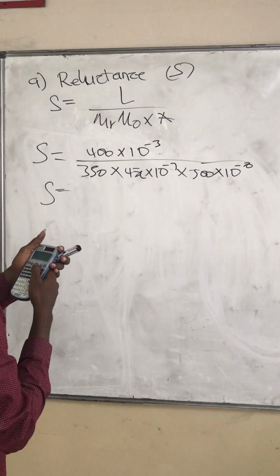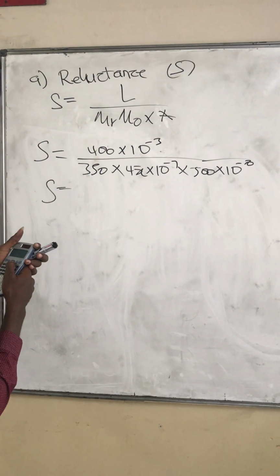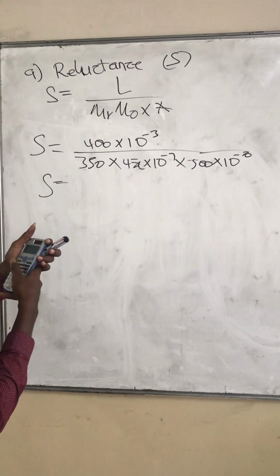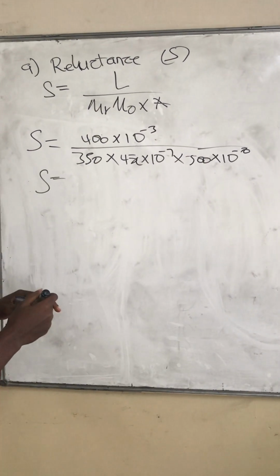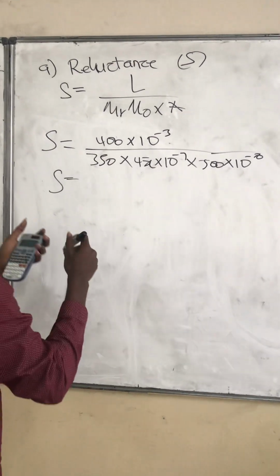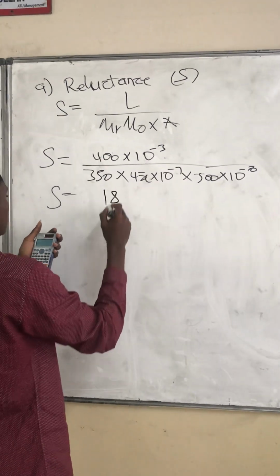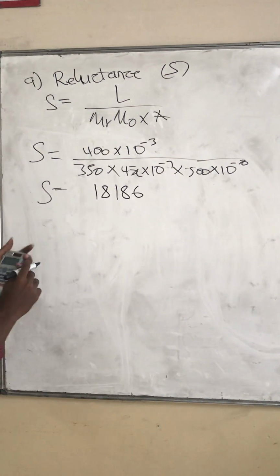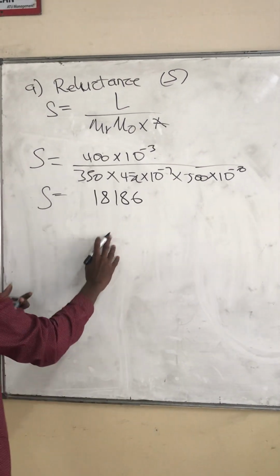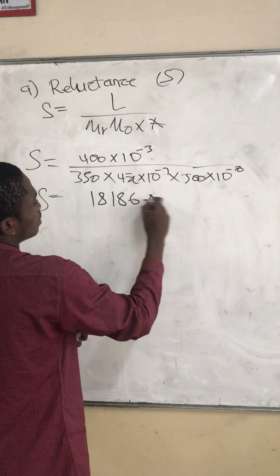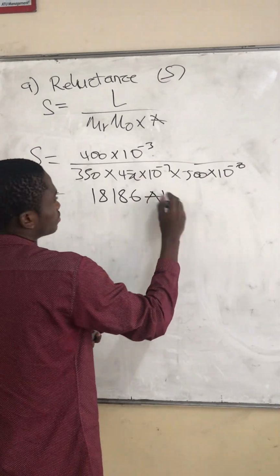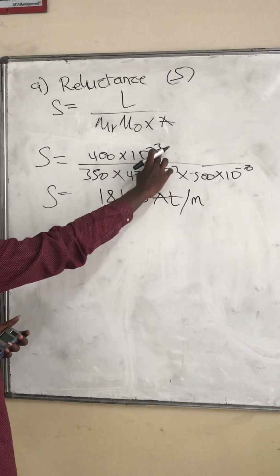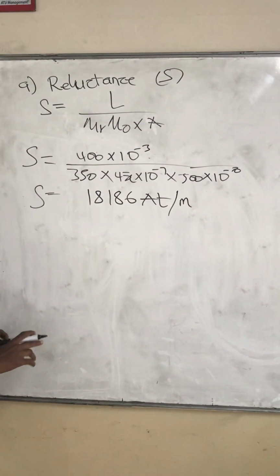That gives us 18.6. This will be the value for the reluctance, and we know reluctance is going by the unit amps per weber. Since the length is also in the question, it will be per meters.